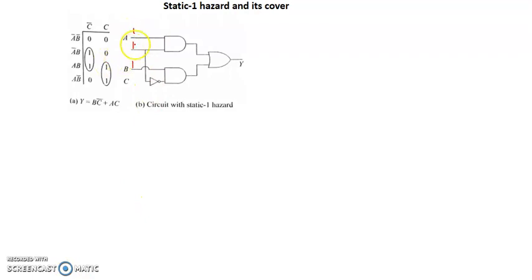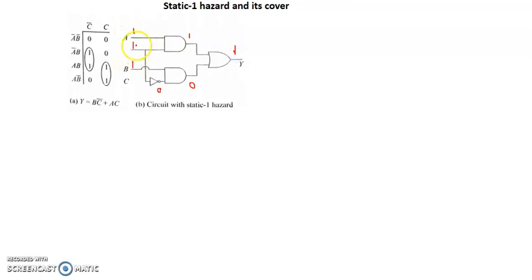So A is 1, C is 1, the output of this AND gate is 1, and the other AND gate, after a certain delay, gives 0. So 1, 0, this output is 0. 0 OR 1, the output here is 1.